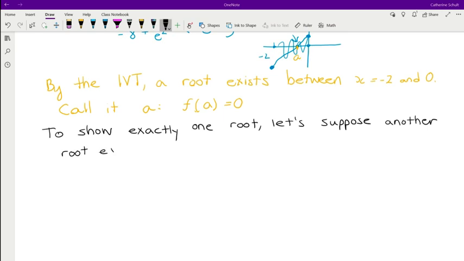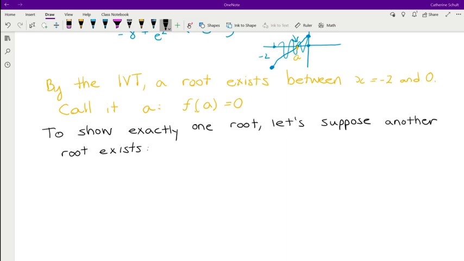And we're doing this because it's called a proof by contradiction. We're going to show that making the assumption that another root exists, we're going to run into a problem. We're going to run into a gibberish statement. And when we run into the gibberish statement, that means, oh, well, our initial assumption has to be wrong. It's called the proof by contradiction. Okay, so to show that exactly one root exists, we're going to suppose the opposite, that there's another root.